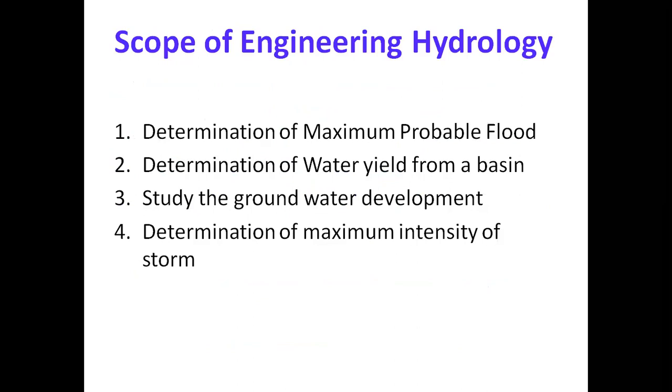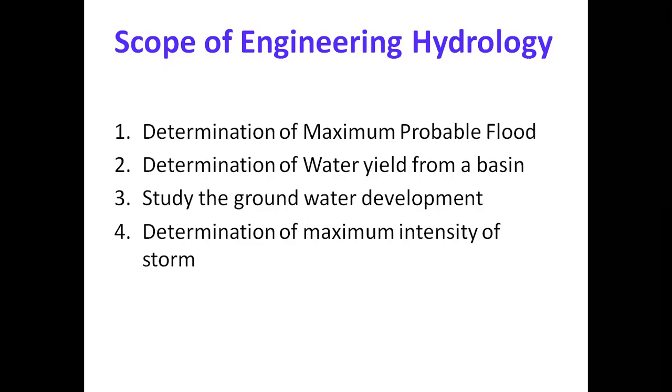The determination of maximum probable flood means that if a civil engineer constructs a dam, first he needs to calculate the probable maximum intensity of the flood. So that's why he needs to determine the maximum probable flood. Next, determination of water yield from a basin. A basin means a river that has plenty of water, but some basins produce a lot of water for the river, so we need to calculate the yield of the basin.